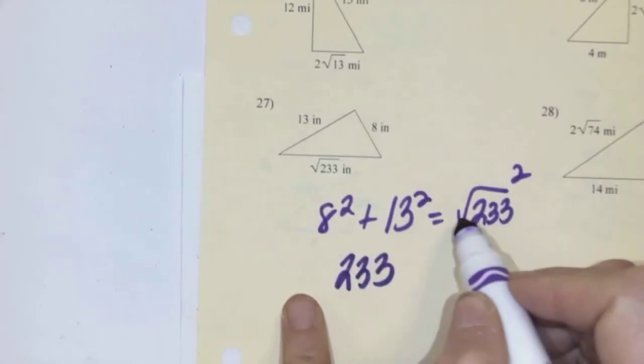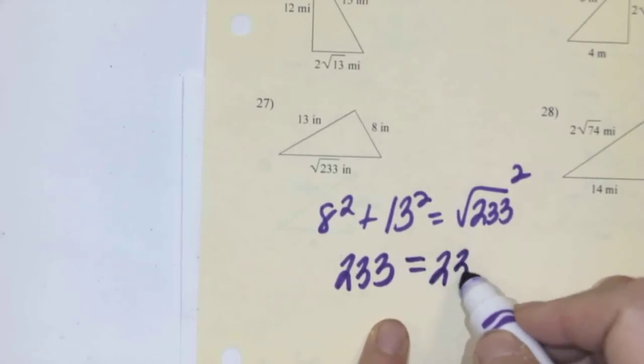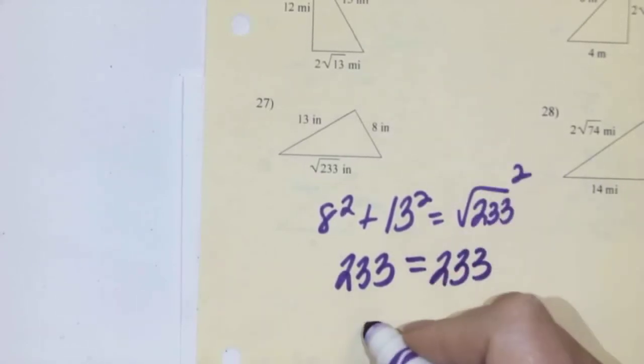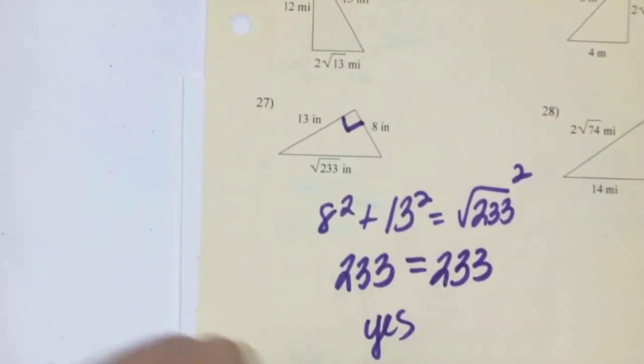Hey! And a square root and a square cross each other out. This one works. Same number, so yes, this would be a right triangle, and that must have been a 90-degree angle. This finishes the cream pie.